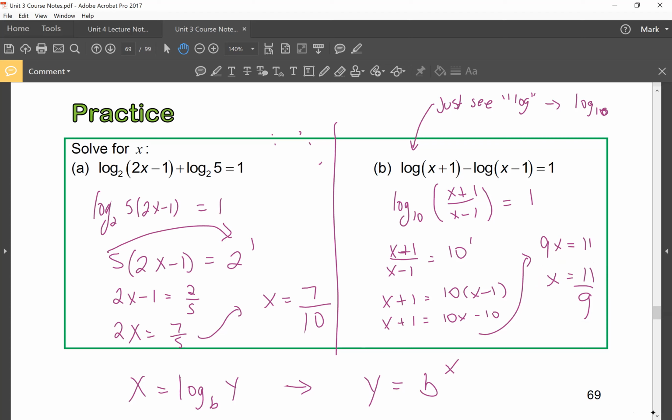No, we should get the same answer. Yeah, so I think you made a mistake in there. When I made 5 multiplied by 2x, it was 10, but yep. Same answer, 7 over 10. 7 over 10, exactly.